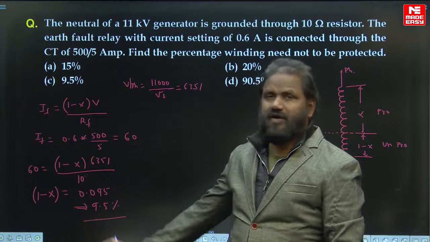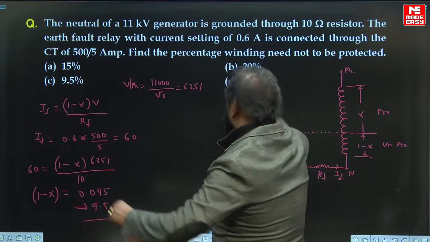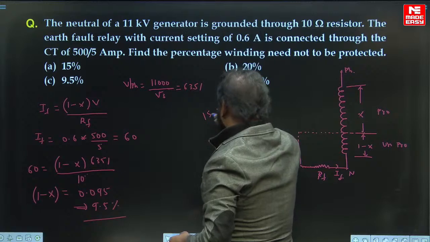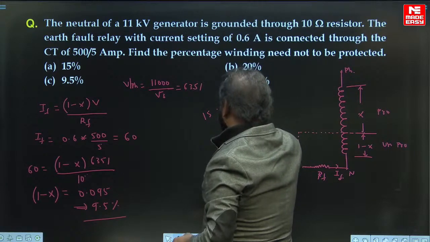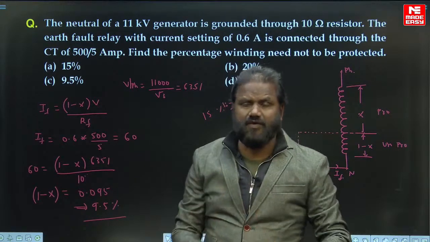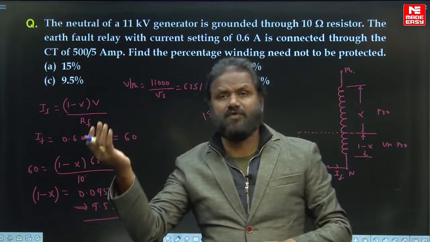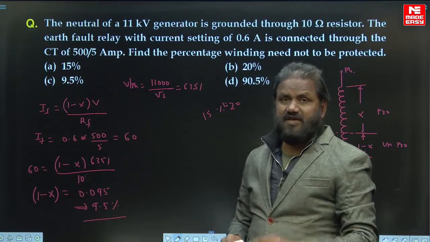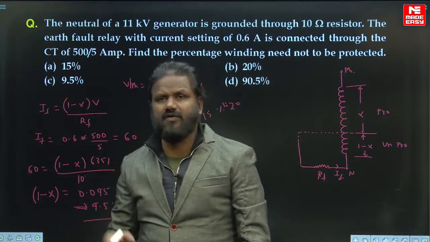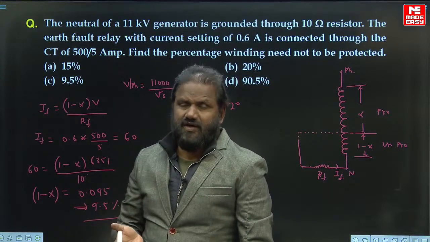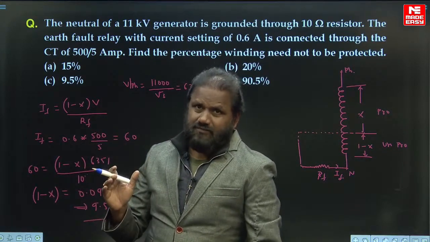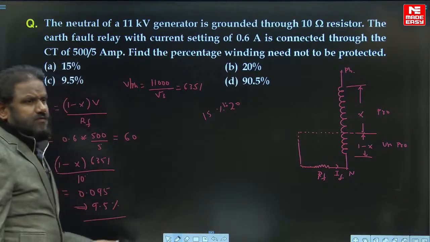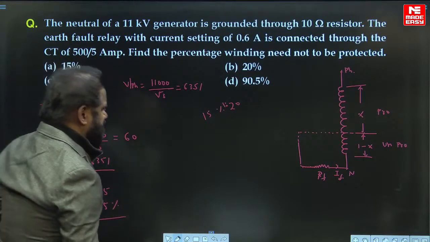One more thing I am saying: this answer, 1 minus x, should come between 15 to 20 percent. It does not mean the range is 15 to 20, up to 50; in general the maximum is up to 20 percent. That is the grace.